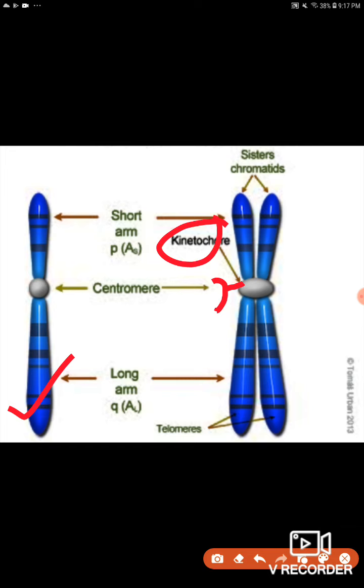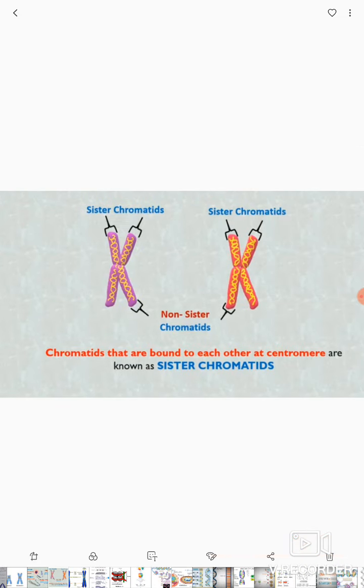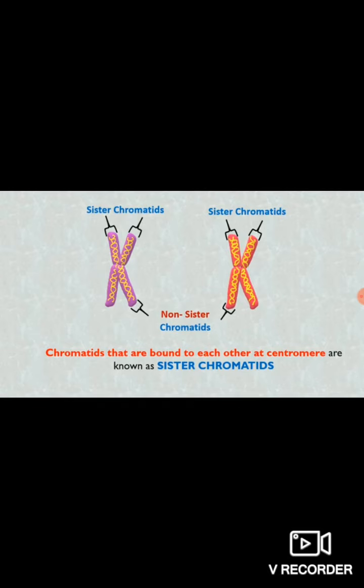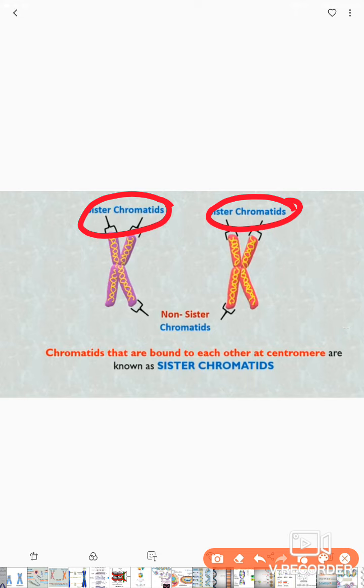What is the function of kinetochores? They help the attachment of the spindle fibers at the time of cell division. Now, chromatids in one chromosome are called sister chromatids. Here, these are the sister chromatids.